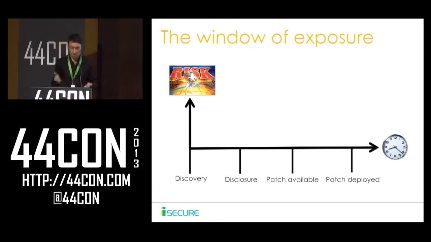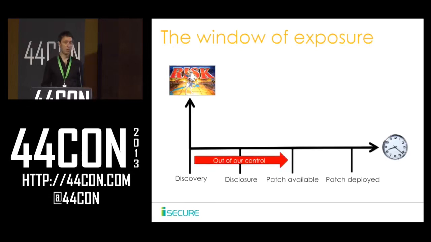But it's a terminology thing, and I might be getting it wrong, actually. But anyway, my point is that this part is totally out of our control. We can't do anything about that. We can't make the patch become available faster.